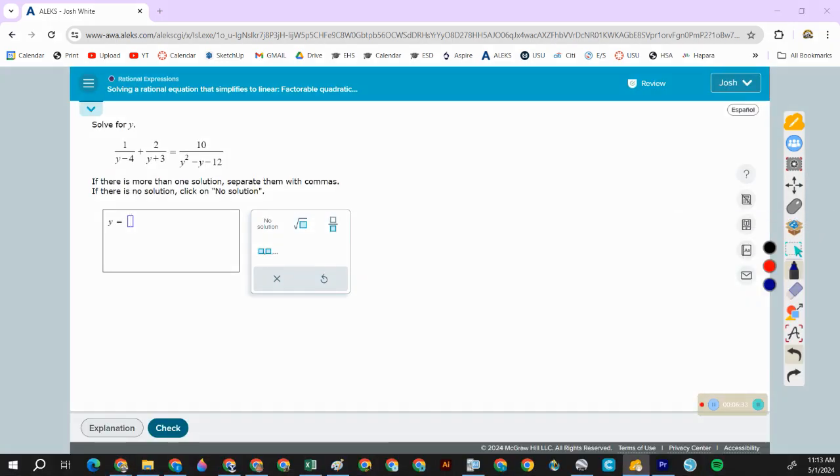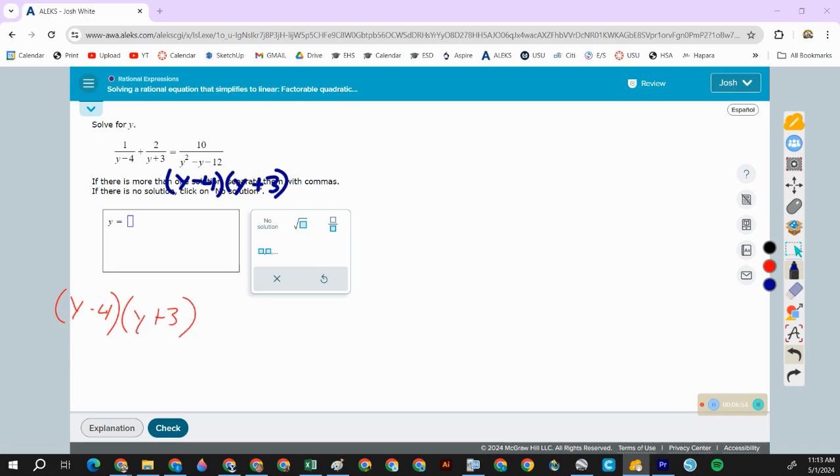All right. If I factor the denominator on the right side, I get y minus 4 and y plus 3. My common denominator is going to be y minus 4 times y plus 3.